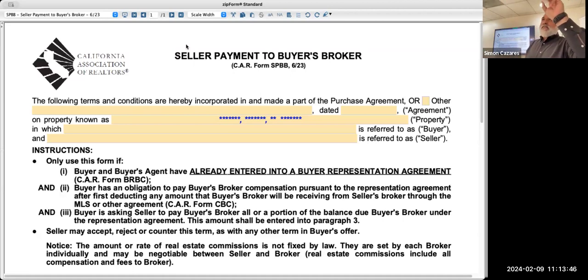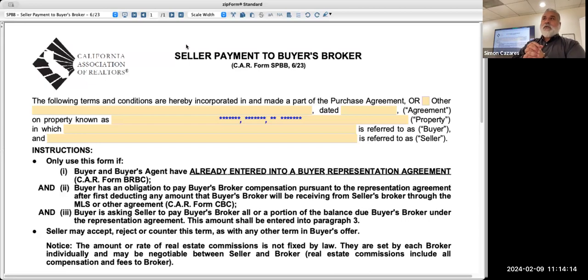If you say 1%, but the listing agent is willing to pay you 3%, right? It already says on the buyer representation agreement that if anyone credits you, then the buyer's off the hook to pay you that 1%. Then you're saying that the 3%, you as a buyer's agent are good with that. We're going to credit the buyer. The buyer does not have to pay me a commission.